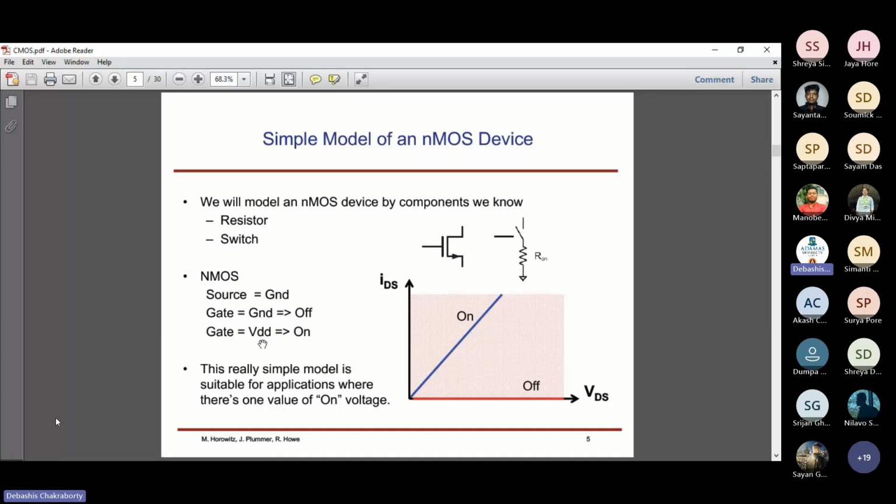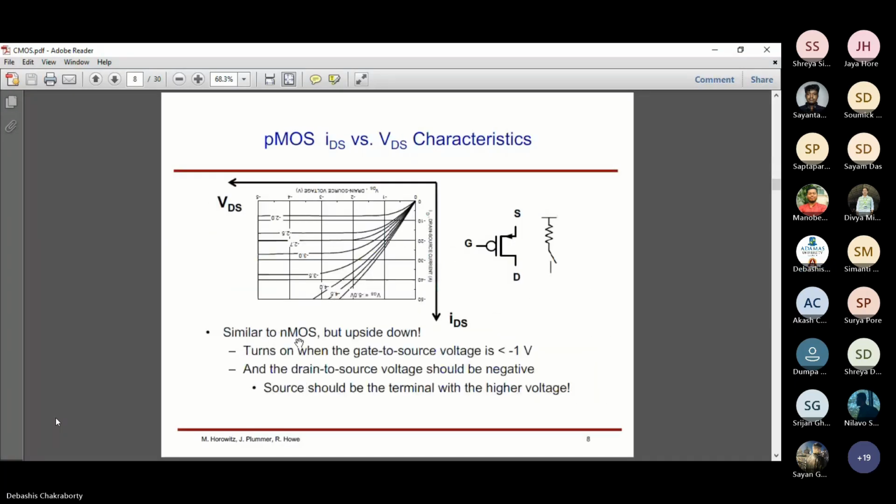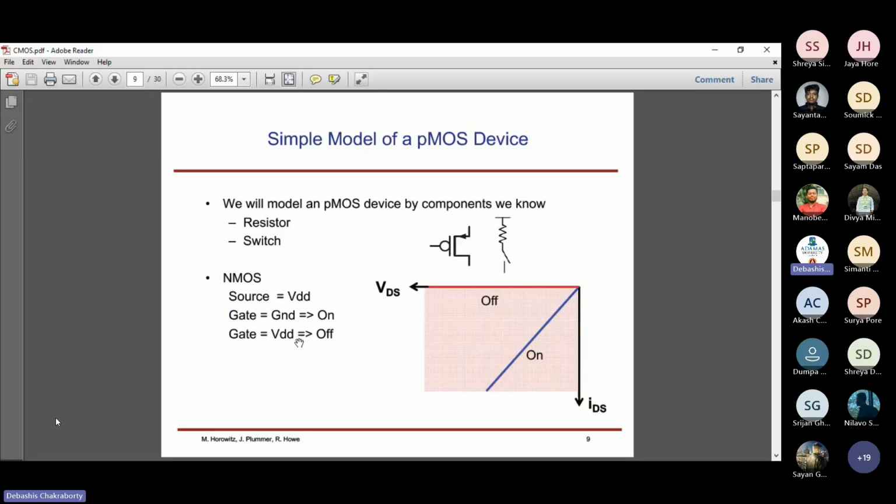Now coming back to PMOS. For PMOS, the source is connected to VDD. And when the gate voltage is equal to ground, ground means low voltage. Note down: when the gate voltage is ground or low, meaning binary 0, logically 0, then the device is on.